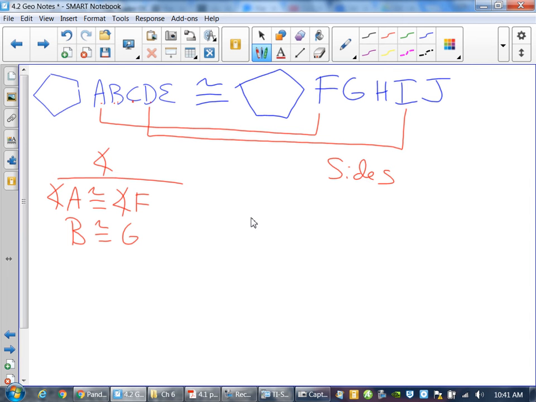IHG. And that's the idea. The difference with the lettering tells you the direction that you're moving, whether it's with an angle with 3 letters or 2 letters with segments, okay? It just tells you which way you're moving on the object. So B and G match up, C, H, D, I, and E. Does that make sense?